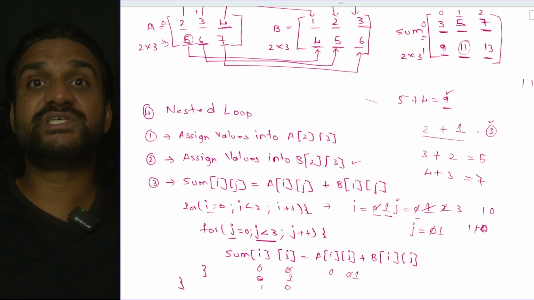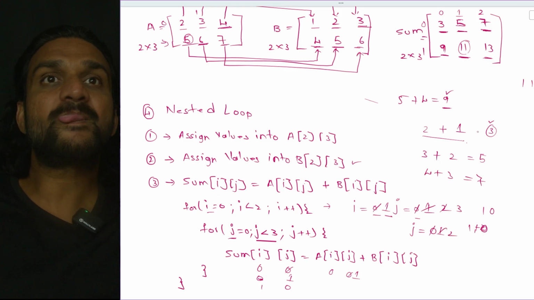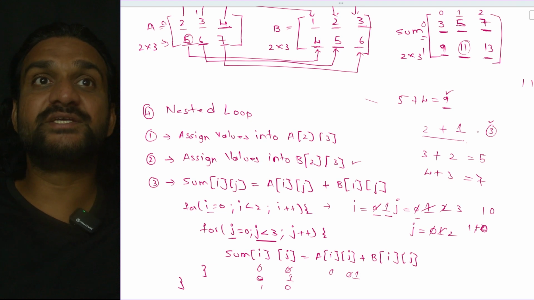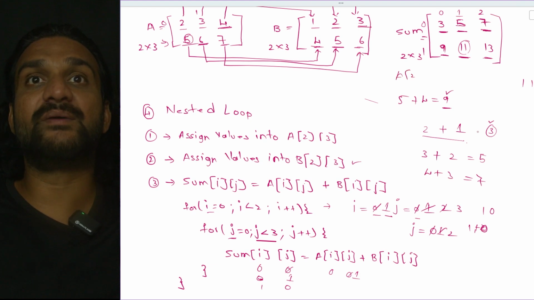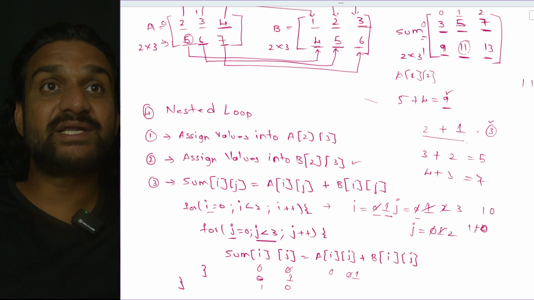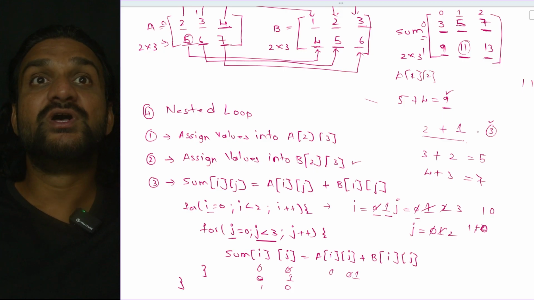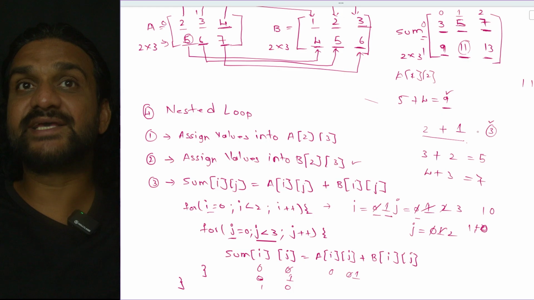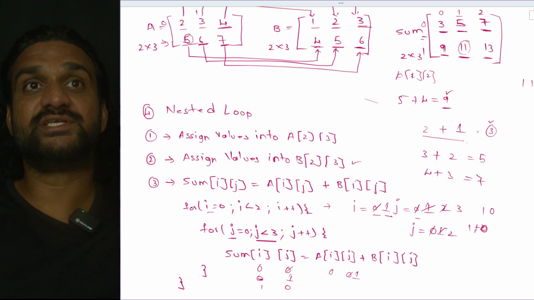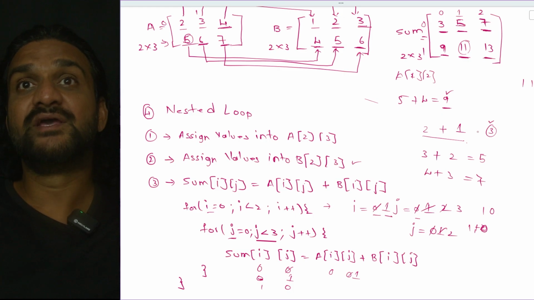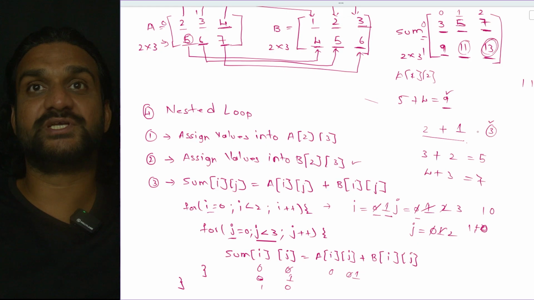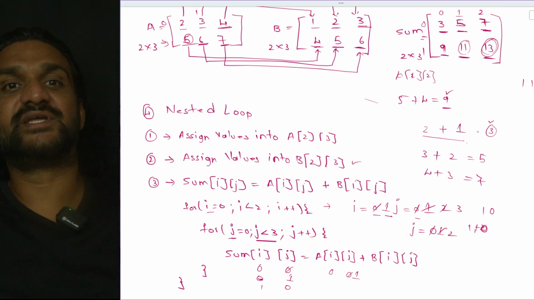Here the value of j will become 2. Now the summation is done on a of 1 comma 2, which is 7, and b of 1 comma 2 is 6. 7 plus 6, which is 13, will get stored in this position. So this is how the summation is done.